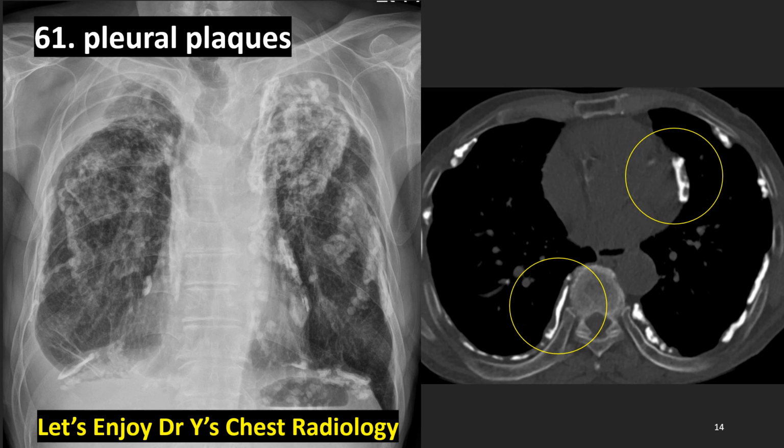On the axial bone window setting CT, we see multiple pleural plaques bilaterally, anterior and posterior, even mediastinal pleura, with parietal pleural dominance, not visceral pleural dominance, in the yellow circle.